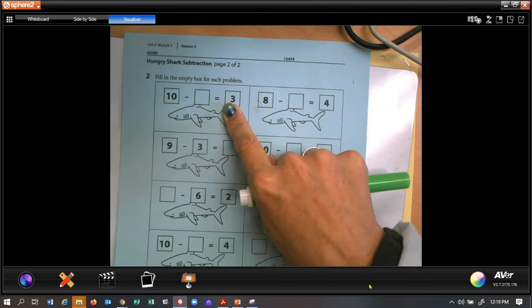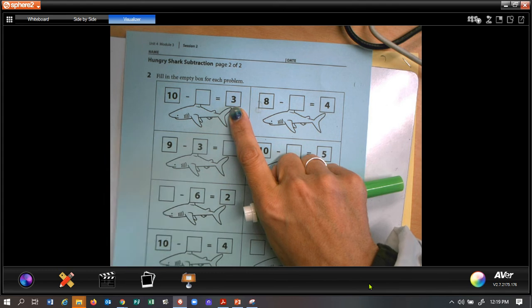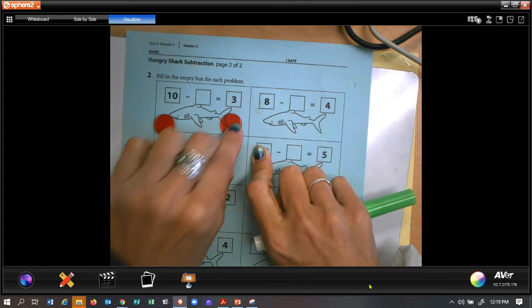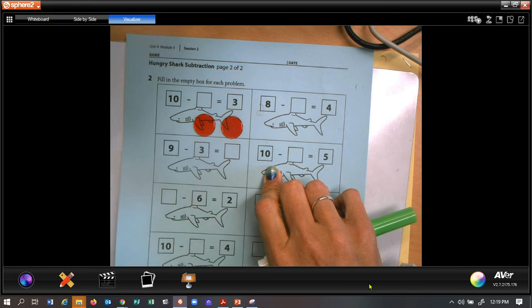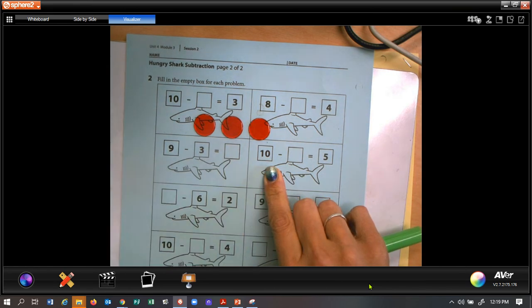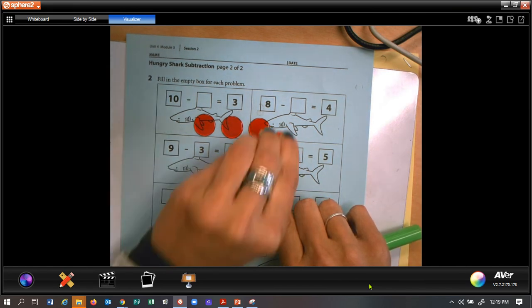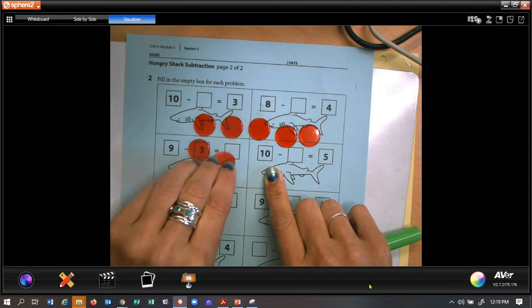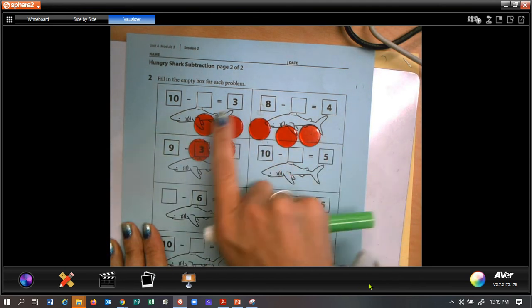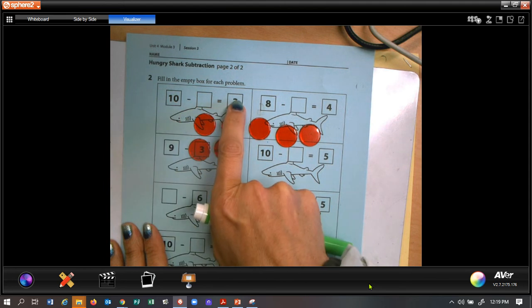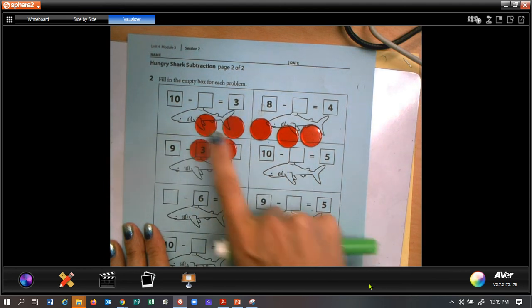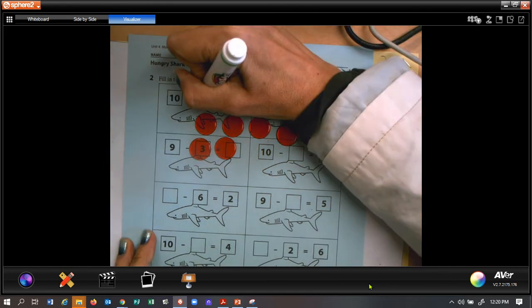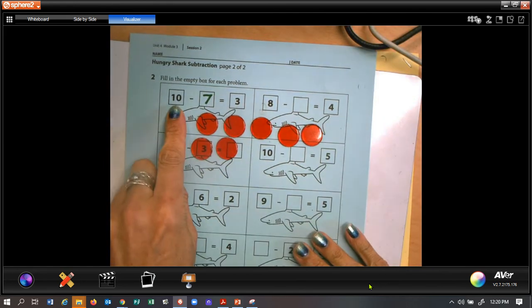Let's use my counters. I have 3, 4, 5, 6, 7, 8, 9, 10. I need this many more to make 10. So if I have 3 and I add 1, 2, 3, 4, 5, 6, 7, if I add 7, I get my whole amount 10.